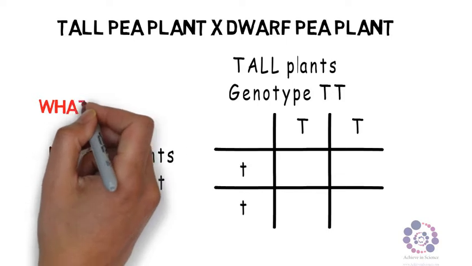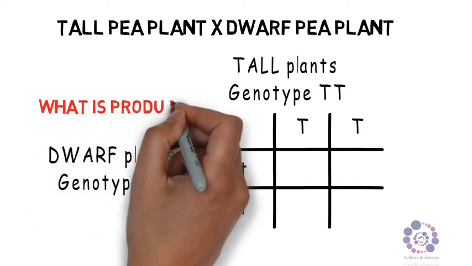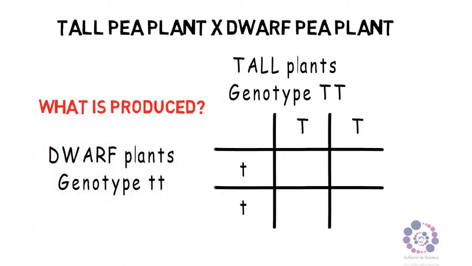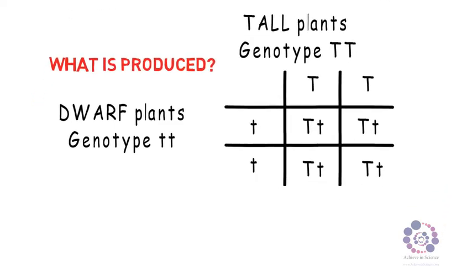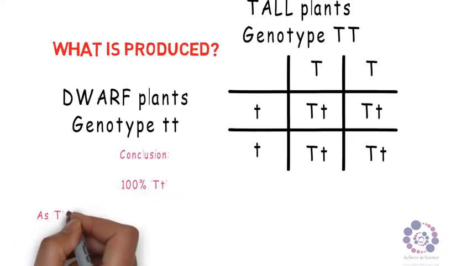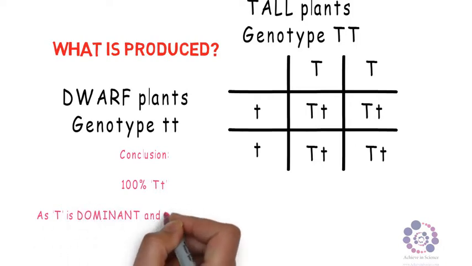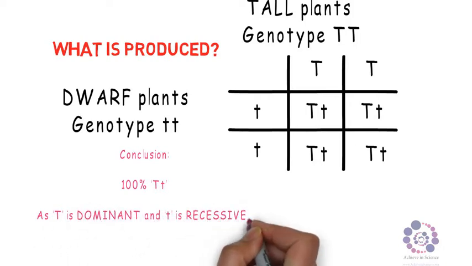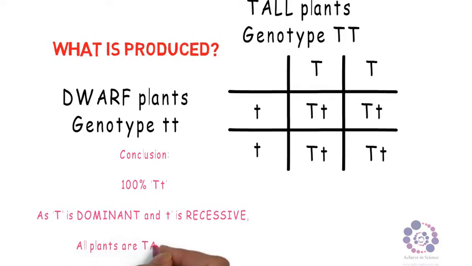Now doing this, we can see what is produced. So we can see we've got 4 different combinations that are produced, but all of these combinations are identical. As we can see, all of these contain the dominant allele, the capital T. Now this dominant allele means that they are tall, and so in conclusion, we have all tall plants, but they are all carriers because they do possess the lowercase recessive t.